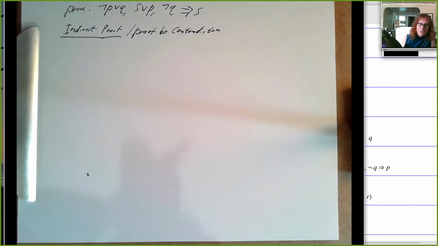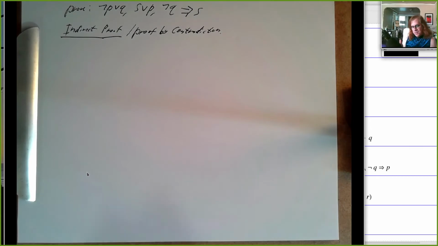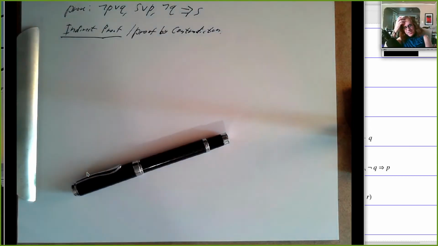This is a really powerful technique. You're asked to prove that S is true. I'm going to assume that S is false, and I'm going to show that something absurd happens. And assuming we want to live in a world where absurdities don't happen, we'll be forced to conclude S must have been true. So we're going to assume S is false, and we're going to show that that leads to nonsense, and therefore S must have been true.